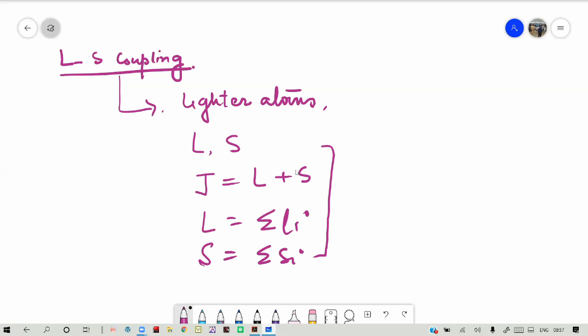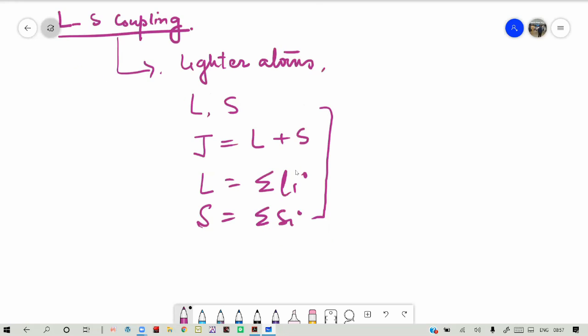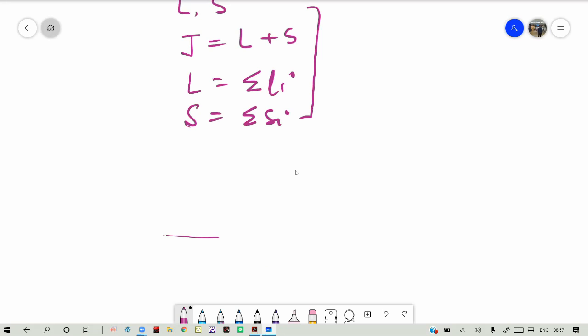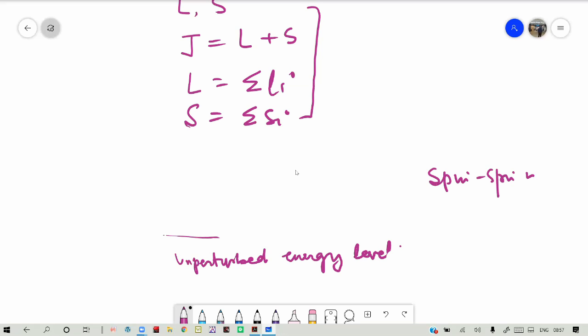Okay, then in that case, we have an unperturbed energy level, and this unperturbed energy level is further split due to the spin-spin interaction and the electrostatic residual interaction, which is called a residual interaction.